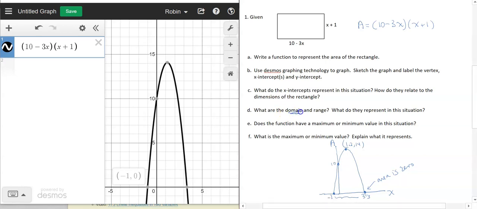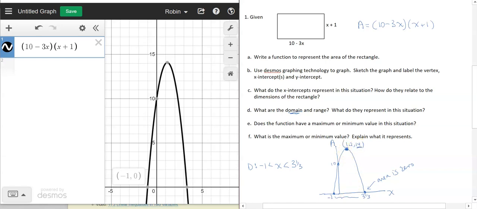So that would be my domain. My domain is going to be x has to be between -1 and 3 1/3, but it couldn't equal because you can't have 0 area. Whereas my range is going to fall between 14 and 0. Could it equal 14?